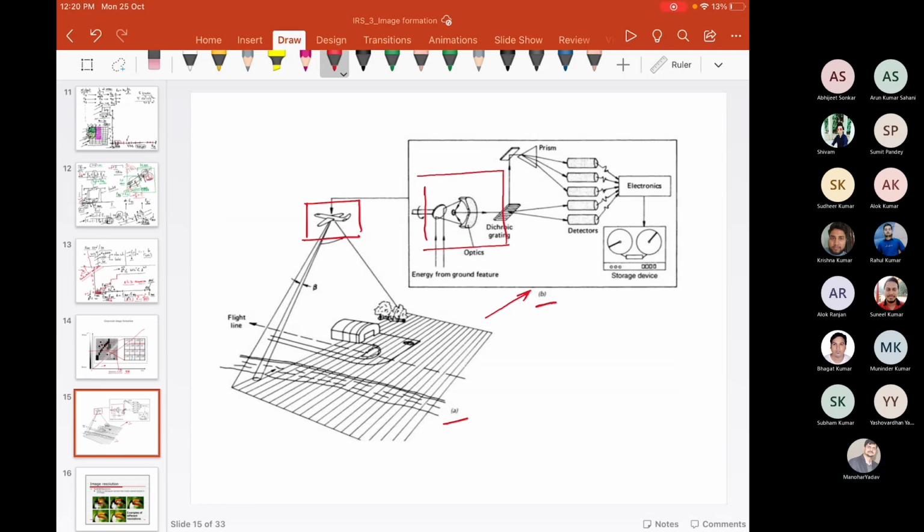So mechanically rotating optics is there. This is the mirror that keeps on rotating.